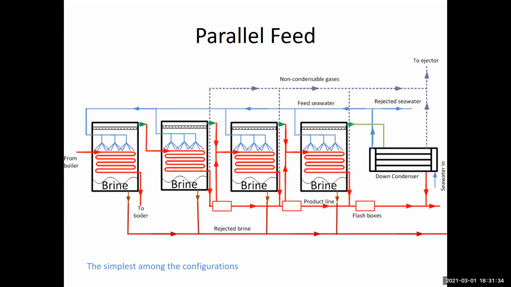Because I just mentioned a while ago that the feed which is entering every unit is entering in parallel at the same TF and salinity. And as we are moving from effect number 1 to 2 to 3 to 4, the temperature of the vapor reduces.